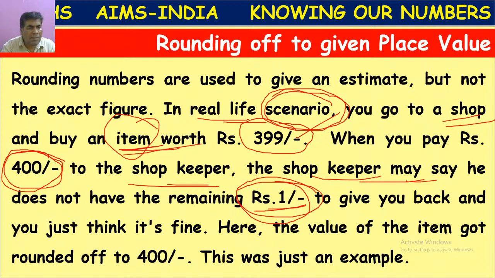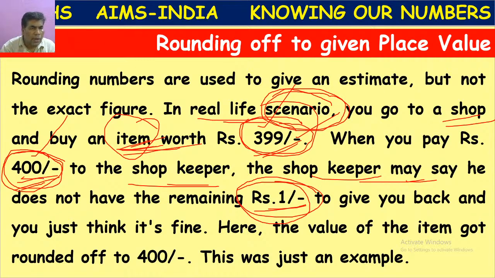So then what happens? The item is worth 399 rupees, but you have paid 400. It means you rounded off 399 to 400 rupees, the nearest 100. This is called rounding off.